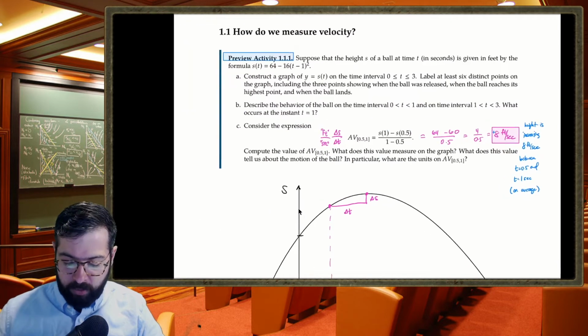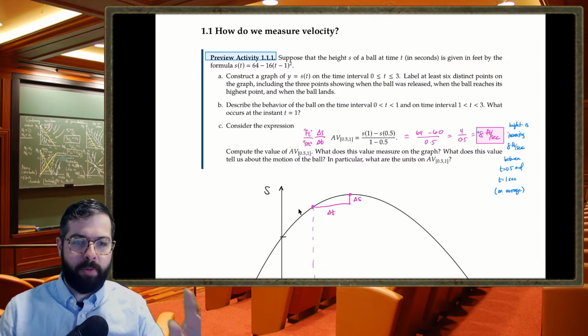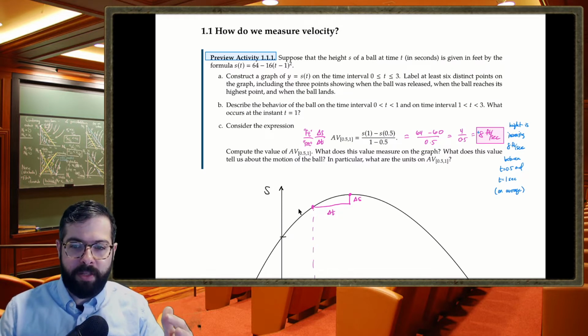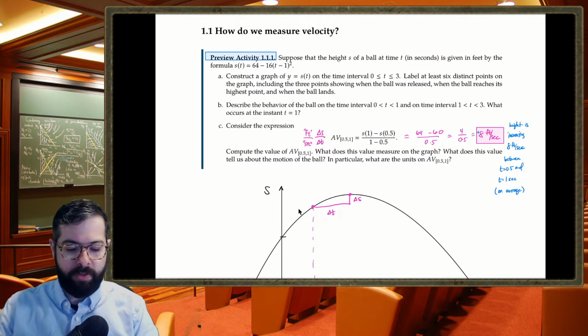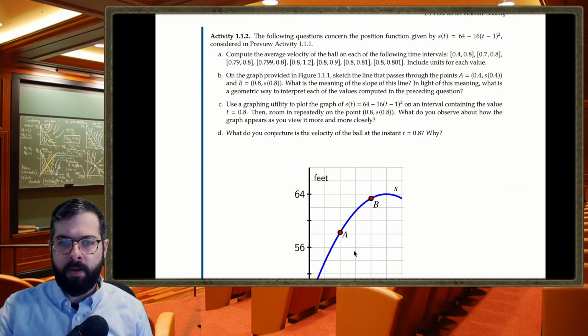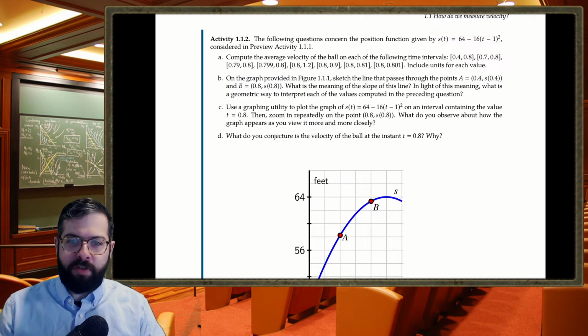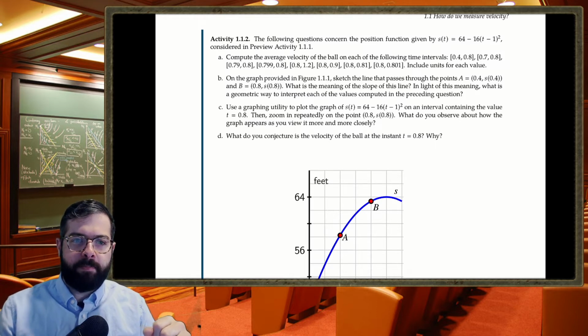All right. So in general, these preview activities are going to get you framed up and ready for the lab of the section. So let's move on to the actual activity here. For this first lab activity, we've got the same position function, that same ball that's been tossed or launched. It's 48 feet in the air.